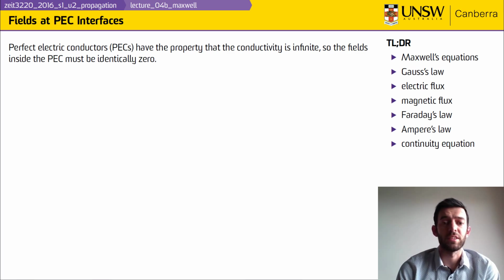Now, of course, as you might guess, this is an approximation. However, this approximation is a very good one, and it can often pay dividends in speeding up your simulation by not having to calculate a really, really large conductivity having a very, very small effect on your overall construction that you're trying to simulate.